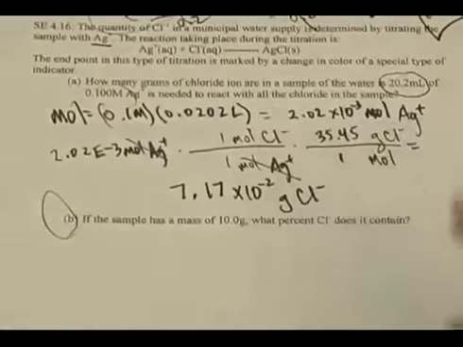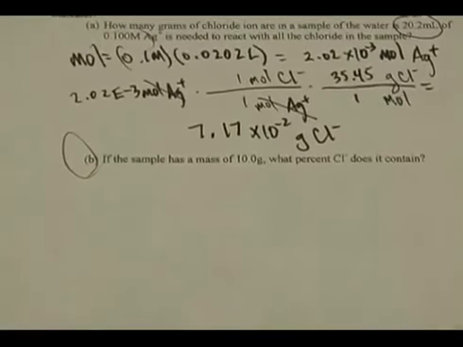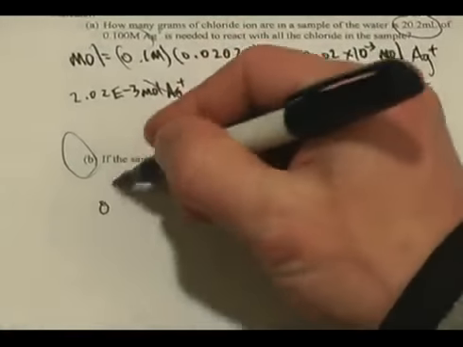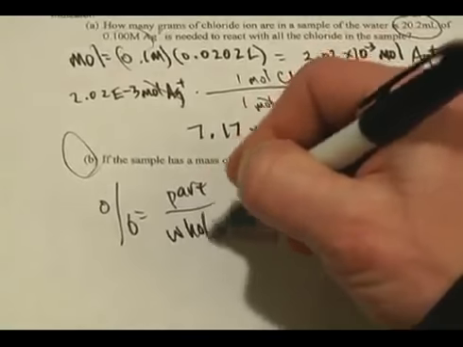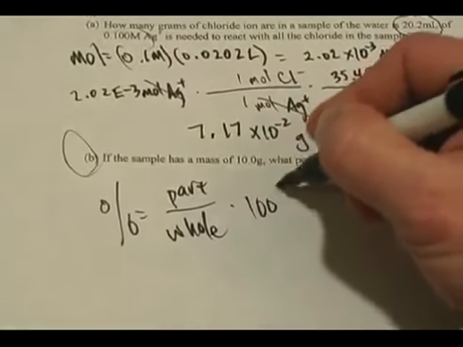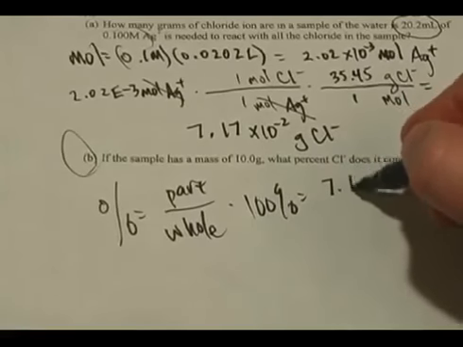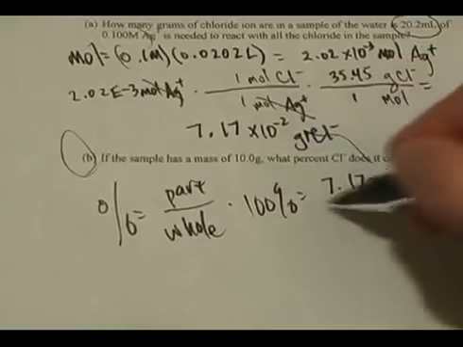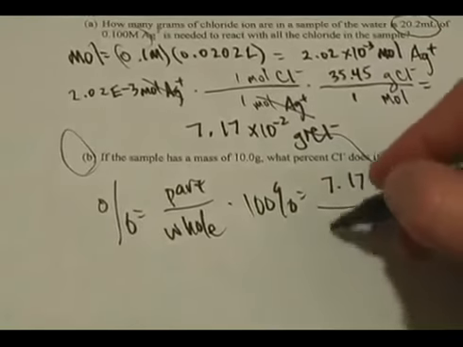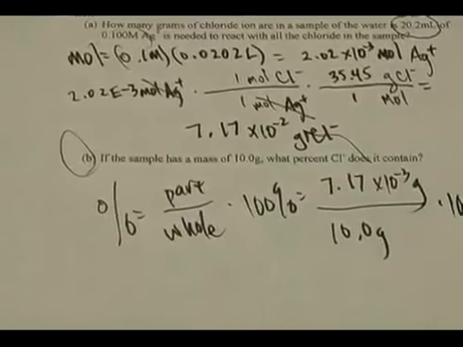Part B. If the sample has a mass of 10 grams, what percent chloride ion does it contain? Well, to find percent of a sample, remember you take part divided by whole times 100%. So what's our part? Well, 7.17 times 10 to the negative third grams, we get that from right up here, divided by the whole sample, which is 10.0 grams, and then we'll multiply that by 100%.